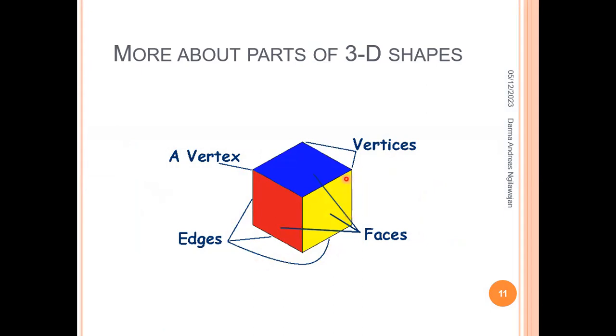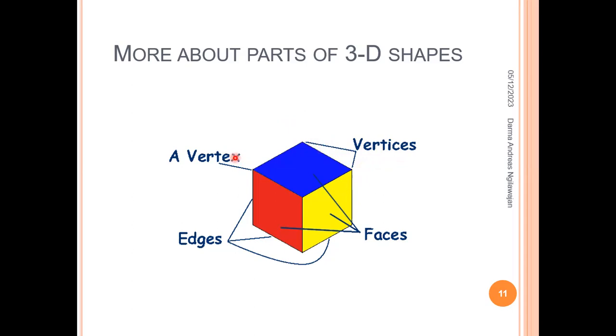If we say two vertex, or you can simply say vertices. Vertices means some vertex. Jadi vertices itu kata jamak untuk titik sudut, lebih dari satu titik sudut.